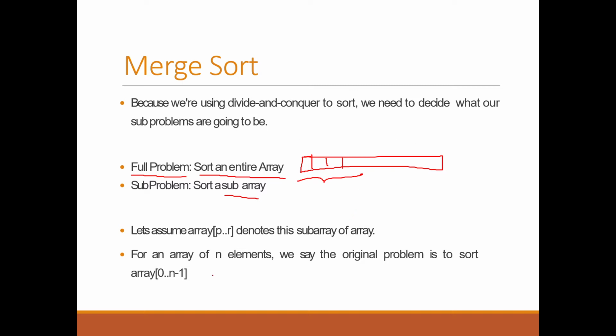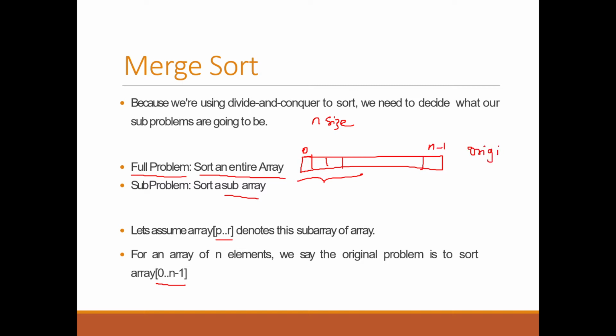Okay, so let us assume here that these indexes from P to R denote the sub-arrays, and the original problem is to sort the array of size n, with indexes going from 0 to n minus 1.